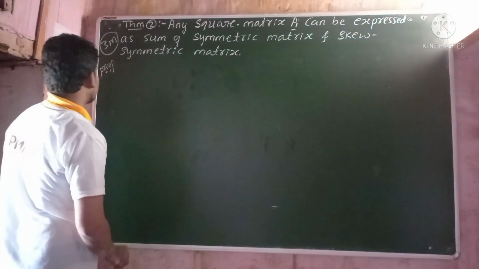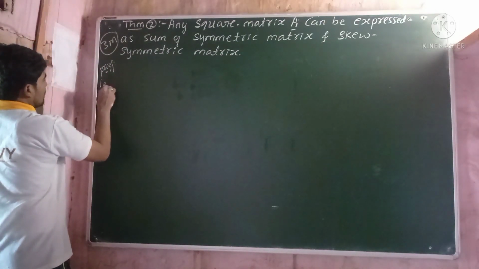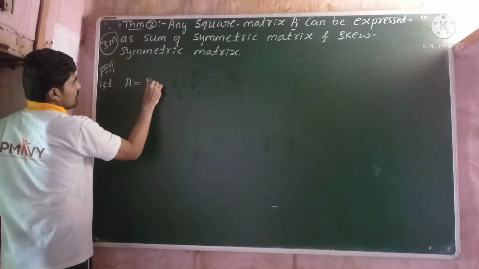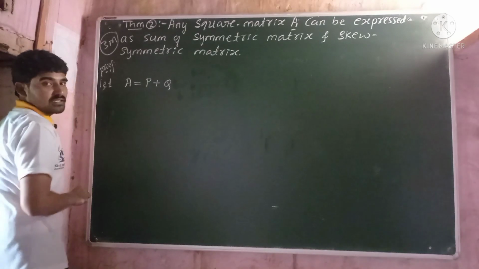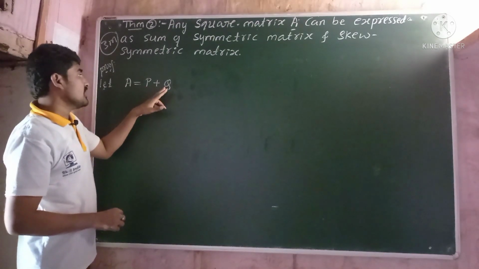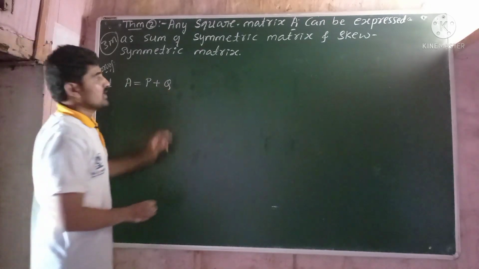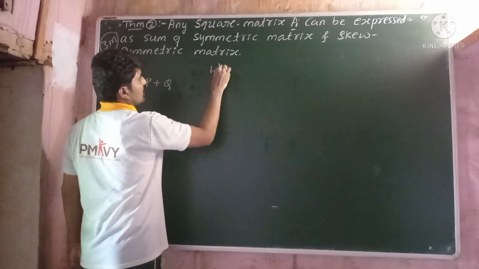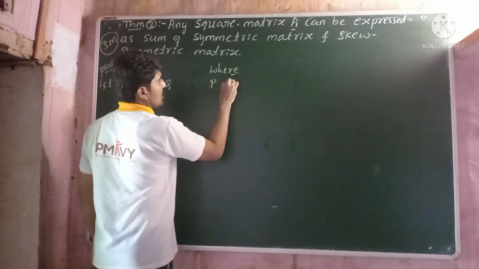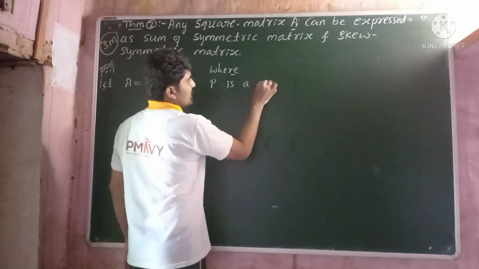So for that, let matrix A is equals to P plus Q matrices, where P is a symmetric matrix and Q is a skew symmetric matrix.